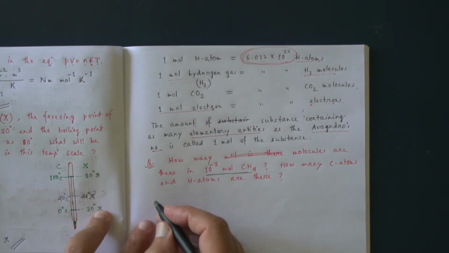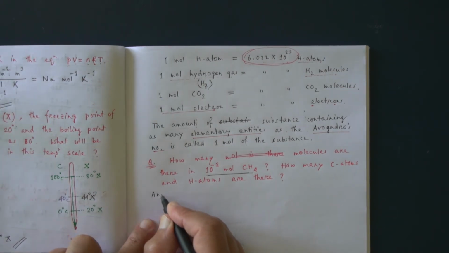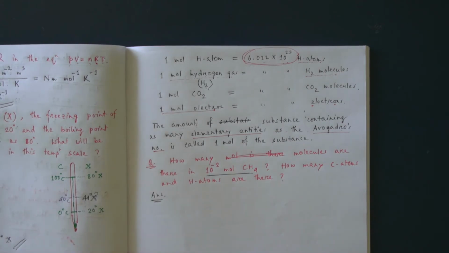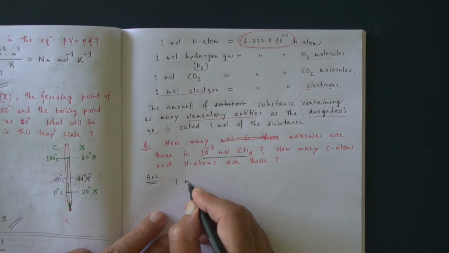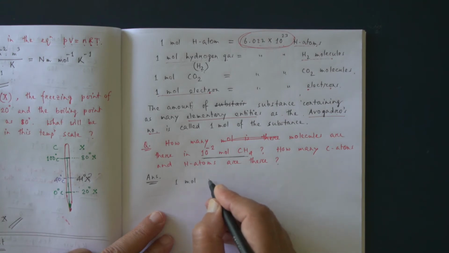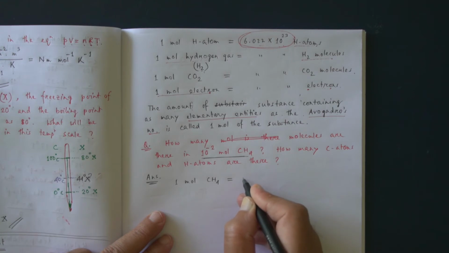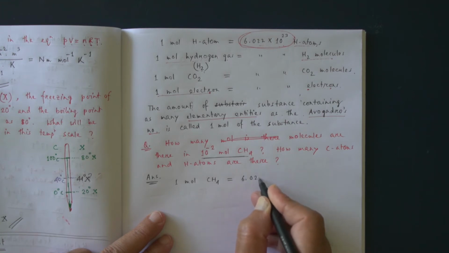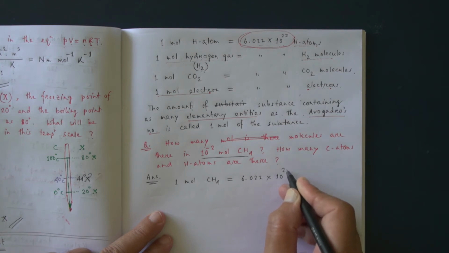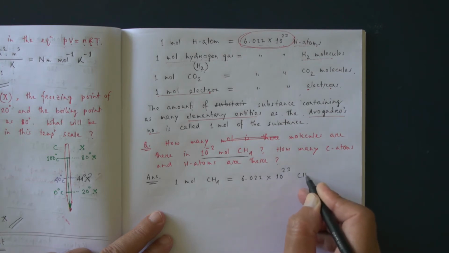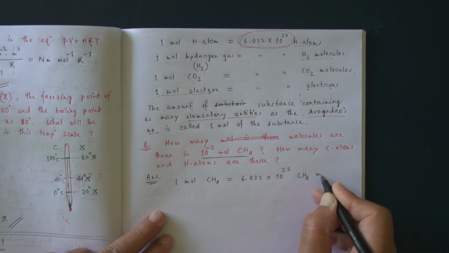Okay, so how to solve, you see, we know 1 mole methane is equal to 6.022 into 10 to the power 23 methane molecules.